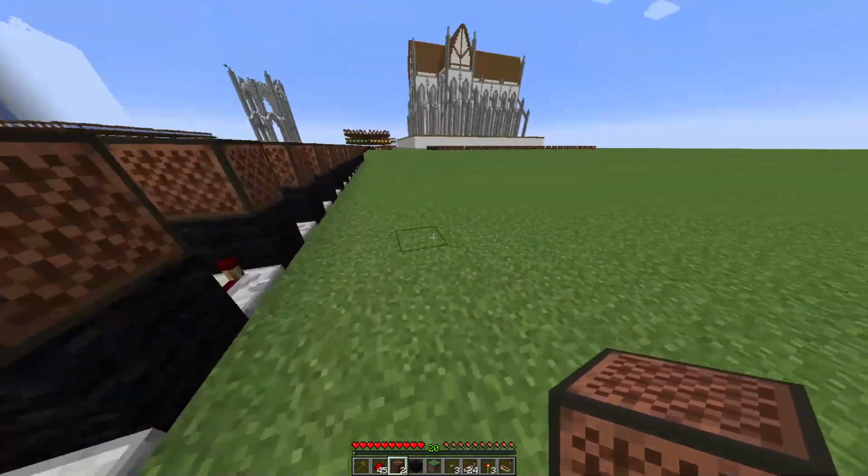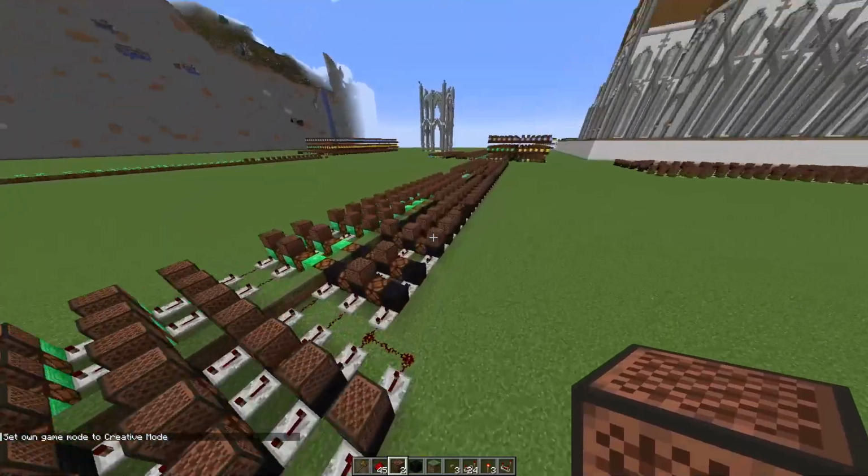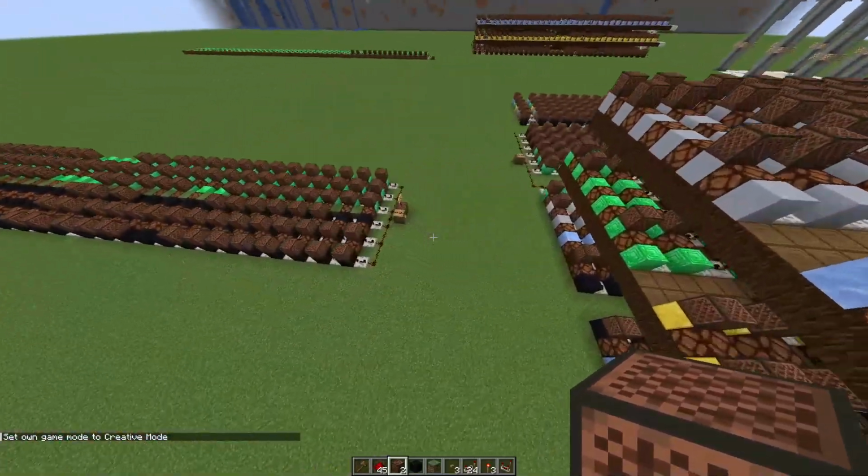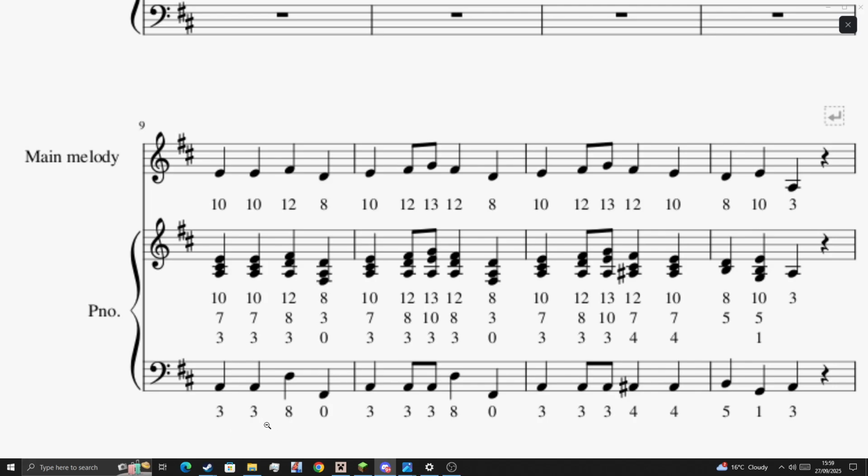Okay, interesting. We've just added in what should be the bass section there. Well, it's not going to make too much difference because most of these notes are already represented above.